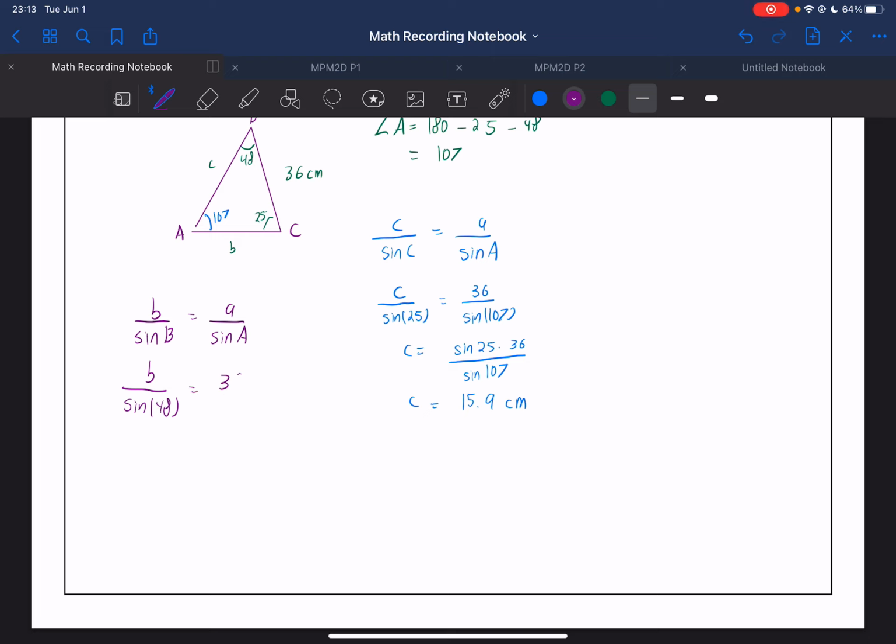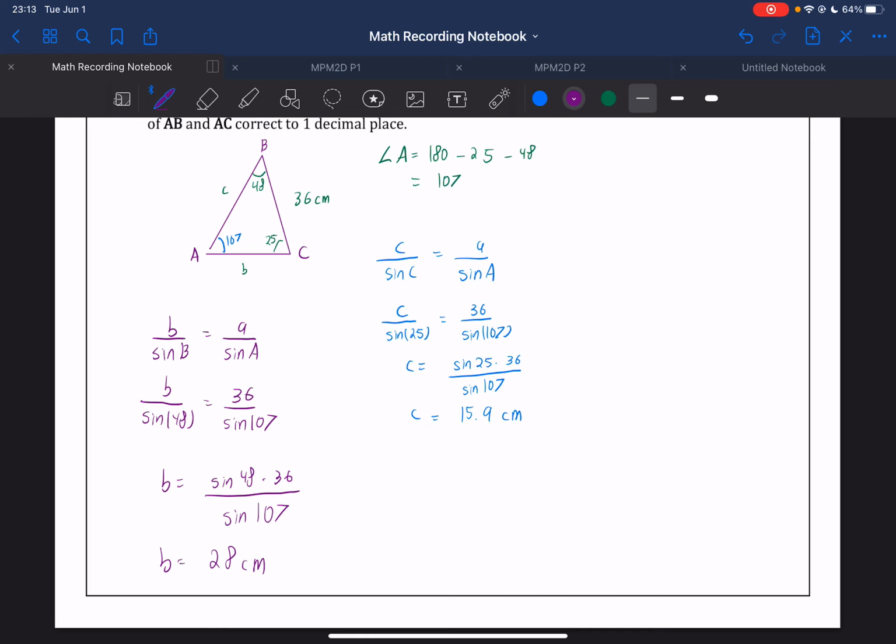We know A is 36, and sine A is sine 107. We rearrange to isolate for B, so we get sine 48 times 36 all over sine 107. And that gives us a B of 28 centimeters. And we can just put a little box enclosing all of our answers so they're easy to see.